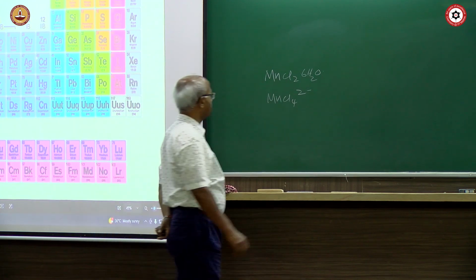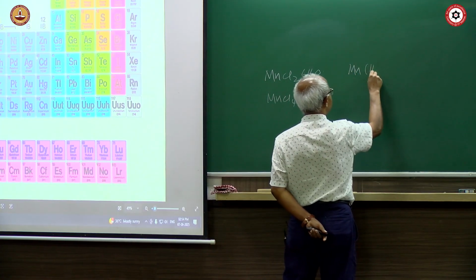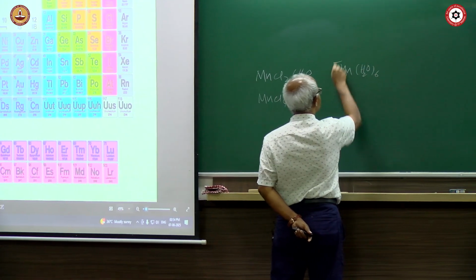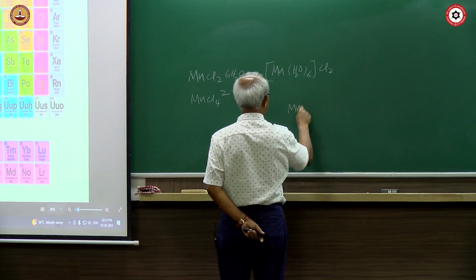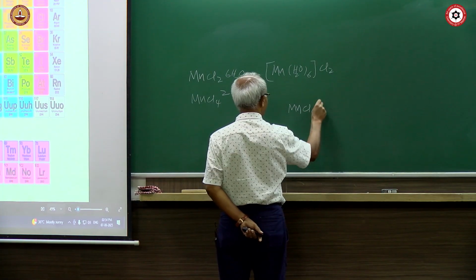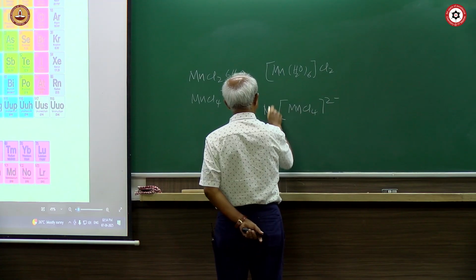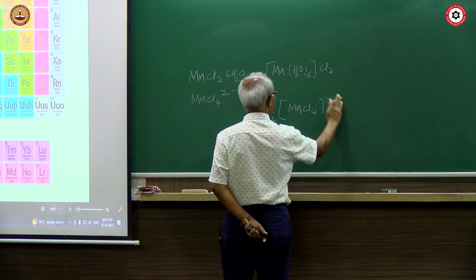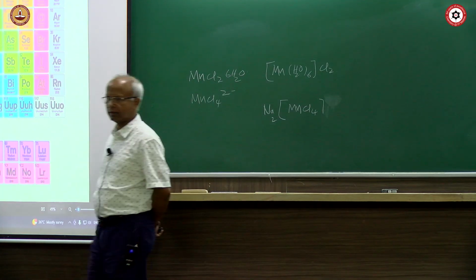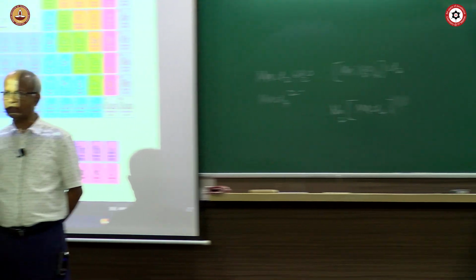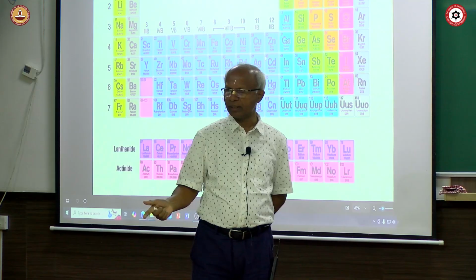So one has this, basically you write, the other one you write MnCl4, same way, whatever is written there, 2 minus, that means there will be, let us say, because there is an anion, I need a cation, right? Cation always comes first and then anion comes. Sodium chloride, potassium permanganate, right?